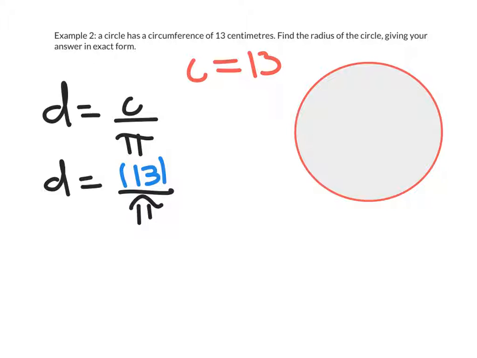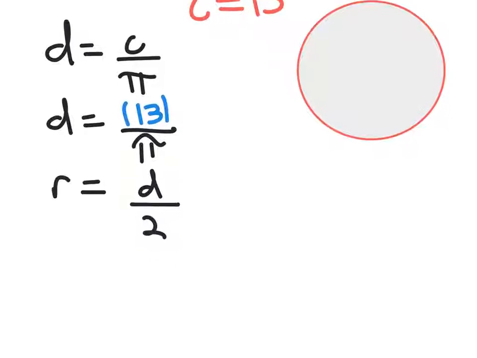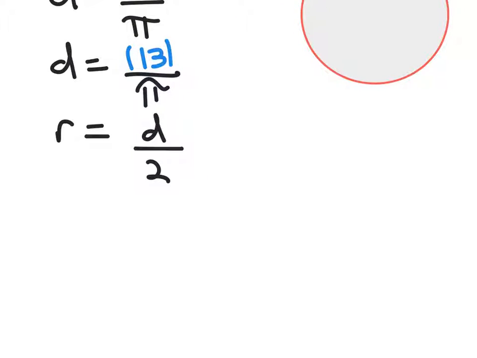So using that relationship that R equals D over 2, because the diameter is always twice the radius, so the radius is always half of the diameter. So all we need to do to find our radius is just divide this fraction, this 13 over pi, by 2, which is the same as multiplying by a half. So we just end up with an extra 2 on the bottom of our fraction.